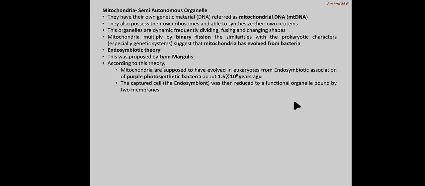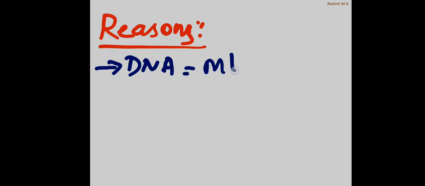Mitochondria is a semi-autonomous organelle. The reasons for calling mitochondria a semi-autonomous organelle are that it has its own DNA, which is circular, referred to as mtDNA.